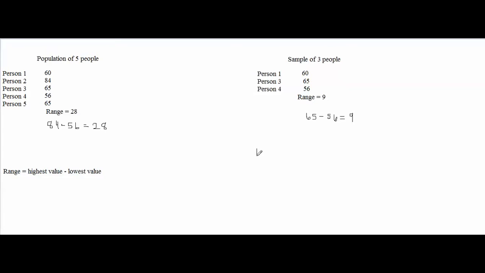Let's compare the ranges of these 3 sets of numbers. These sets of numbers might look a little bit strange, but I'm just using these numbers to make a point.